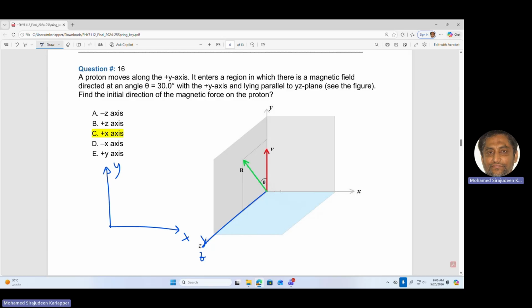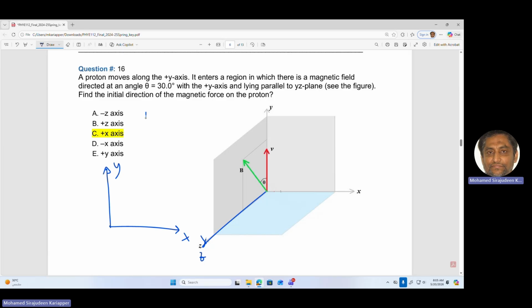And you are asked to find the direction of the magnetic force. So this is the velocity, this is the magnetic field. So how do you do that? You take your right hand and put the four fingers in the direction of the first vector, V cross B, right?